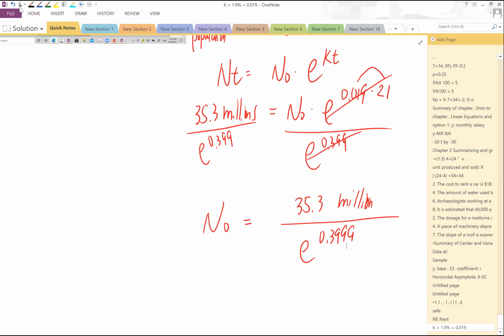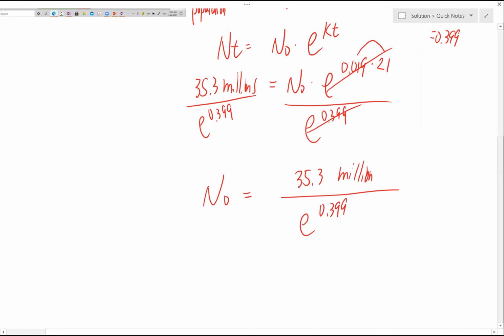And one more time, you put into the calculator. Let's get a result. And then the unit million remains, right? So we do 35.3 dividing by E raised to 0.399. That's 23.7 approximately. So this is approximately 23.7 million.